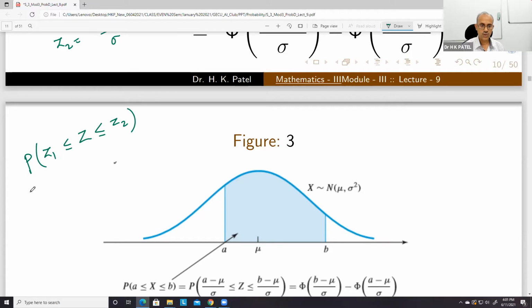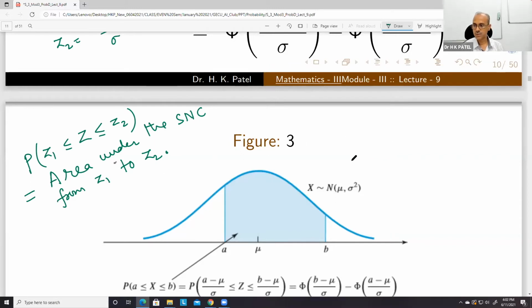So this is actually the area under the standard normal curve from Z1 to Z2.